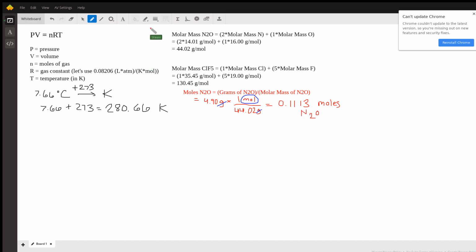Now we can calculate the moles of ClF5 in a similar manner. We have 4.66 grams.